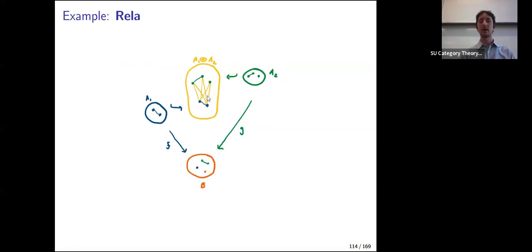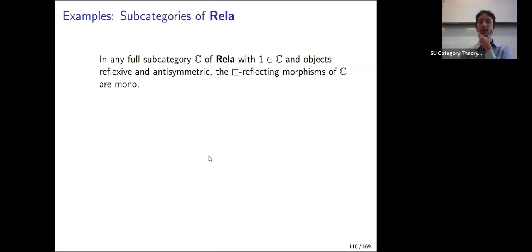And then if I have maybe two relation preserving functions to a common codomain B, so the image here is blue and green, then I'll have that G covers F here if and only if everything in the image of F is related to everything in the image of G. Then I'll have a relation-preserving morphism from the sum down to B, making the triangle commute.